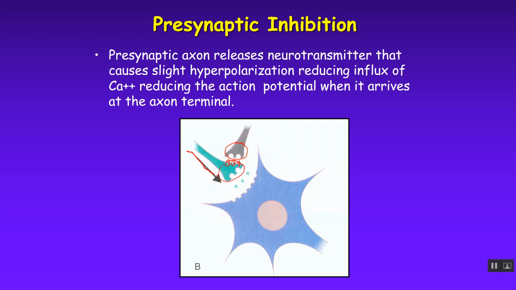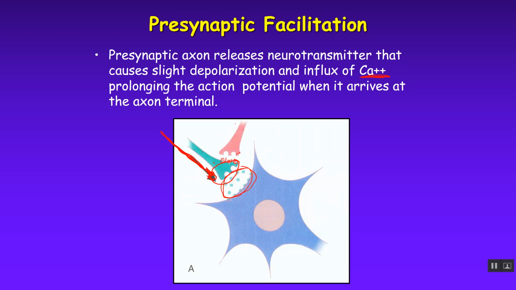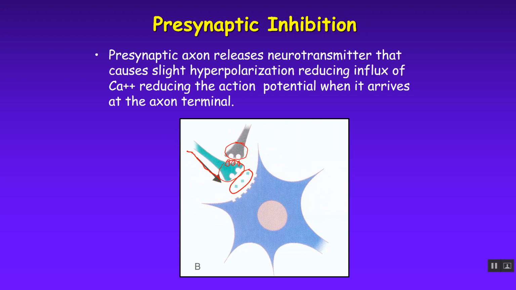So when that action potential gets there, it just doesn't create as strong of a response. You get less opening of calcium channels when that action potential gets there because it's a little more negative down at that axon terminal. And so you just don't get as many neurotransmitters being released. So you see only 3 there compared to the one before where you got more than double that. So that's just called presynaptic inhibition.